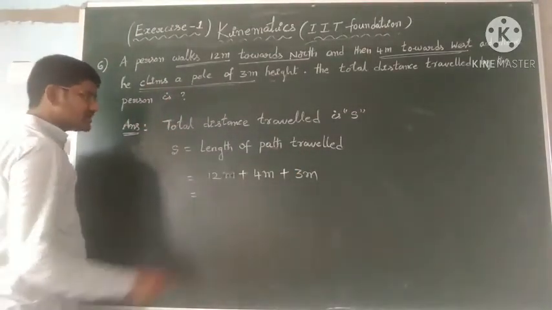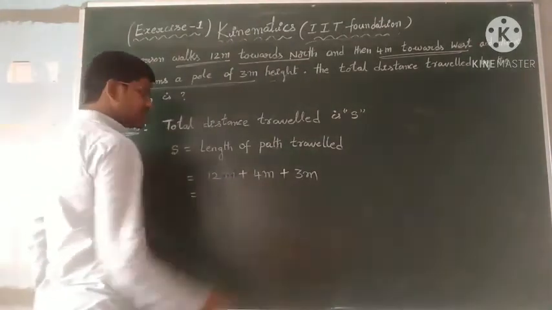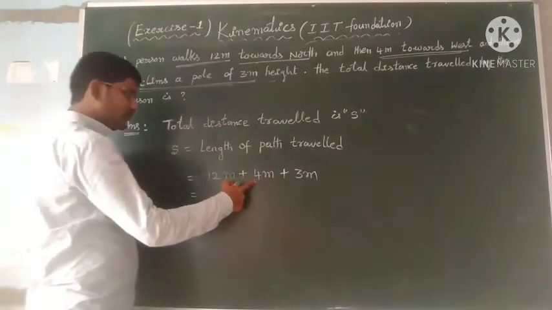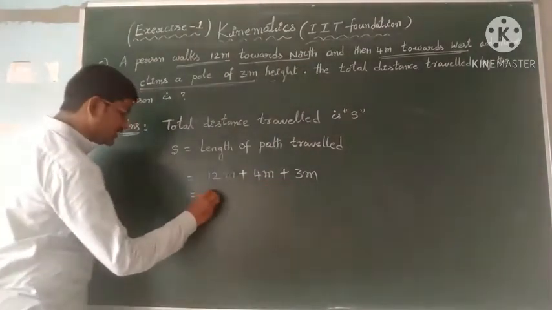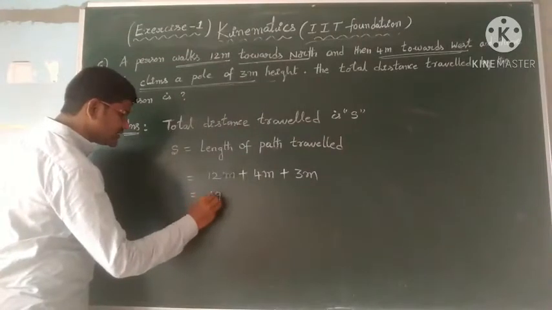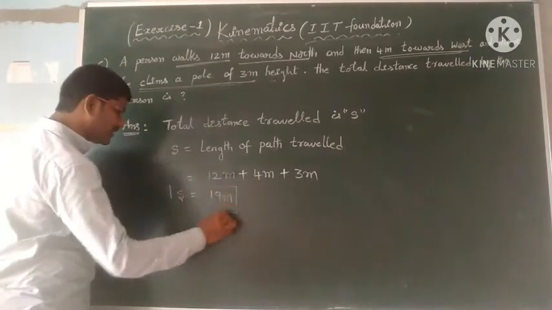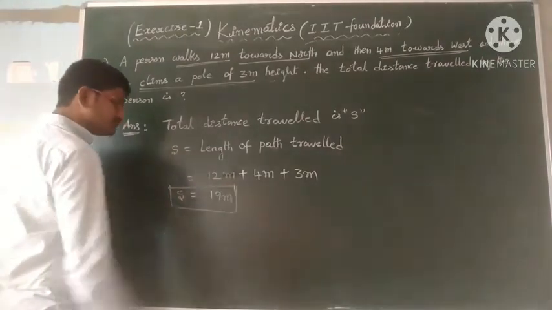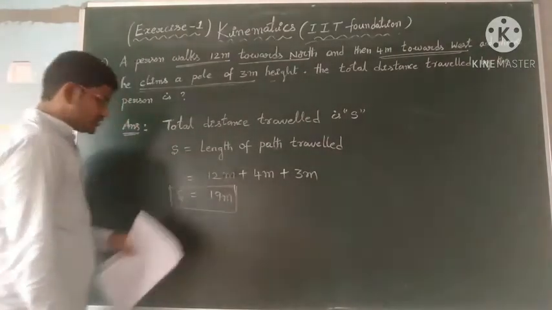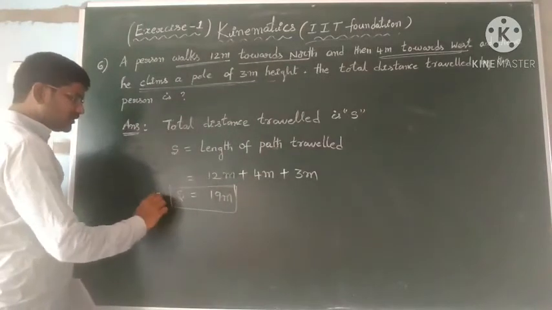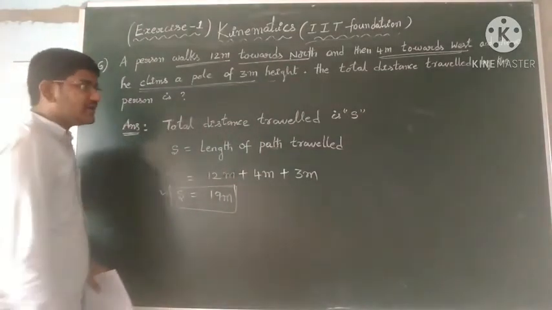So what is the answer you will get? 12 plus 4 plus 3. So 12 plus 4 is 16, 16 plus 3 is 19. So the answer for the total distance covered is 19 meters.